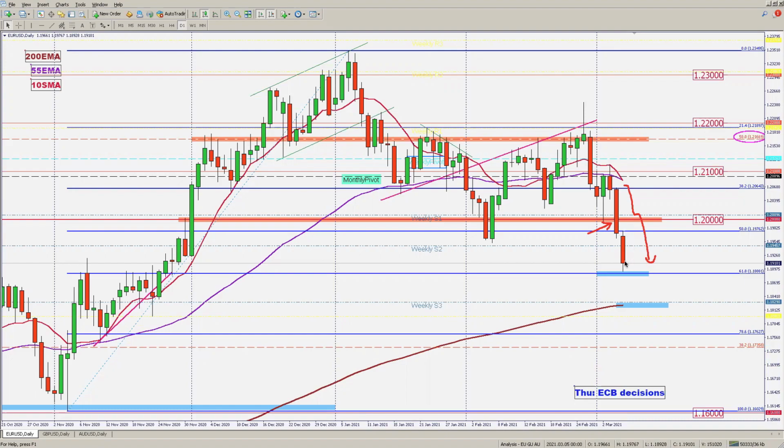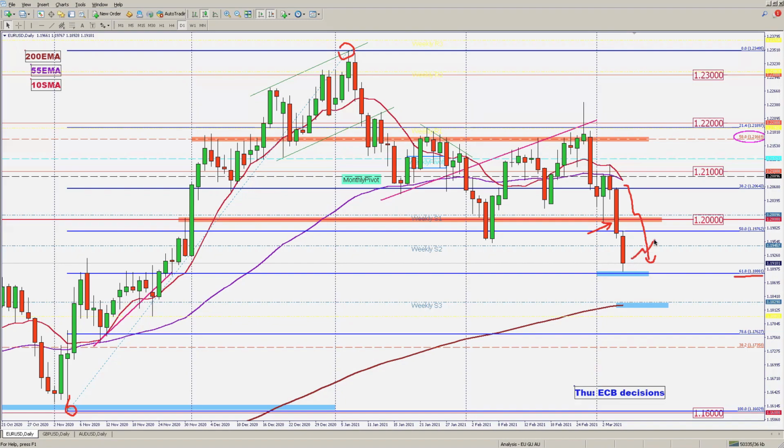And it continued on Friday down towards the 62 retracement of this big move up. So there could be further continuation this coming week.